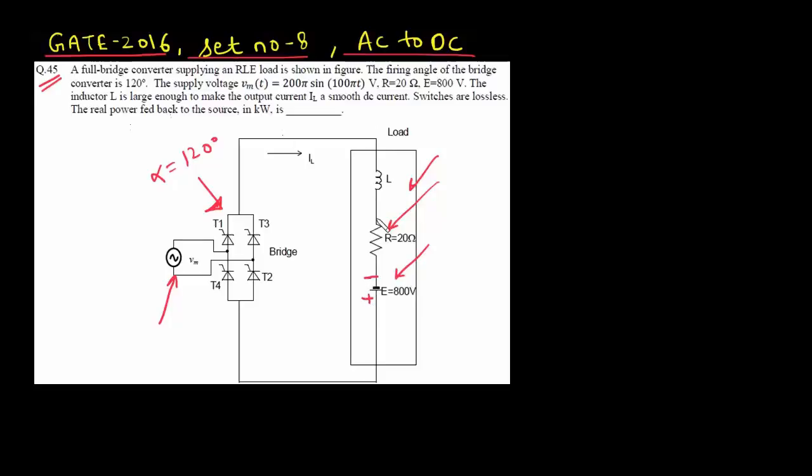The inductor L is large enough to make the output current IL a smooth DC. So the load current is a smooth DC current. Switches are lossless. Now we have to find the real power fed back to the source in kilowatt. So we have to find what is the real power fed back to the source by this RLE load. Let us draw this schematic again to get better understanding.